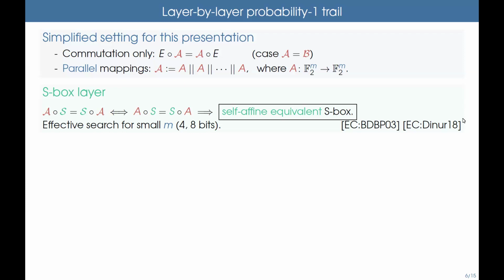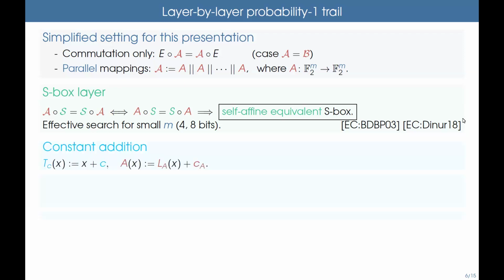This relation is actually a particular kind of self-affine equivalence. And affine equivalence has been solved algorithmically by at least 2 algorithms in the literature. These algorithms are actually effective for the usual sizes of S-boxes. So we have an answer for the S-box layer.